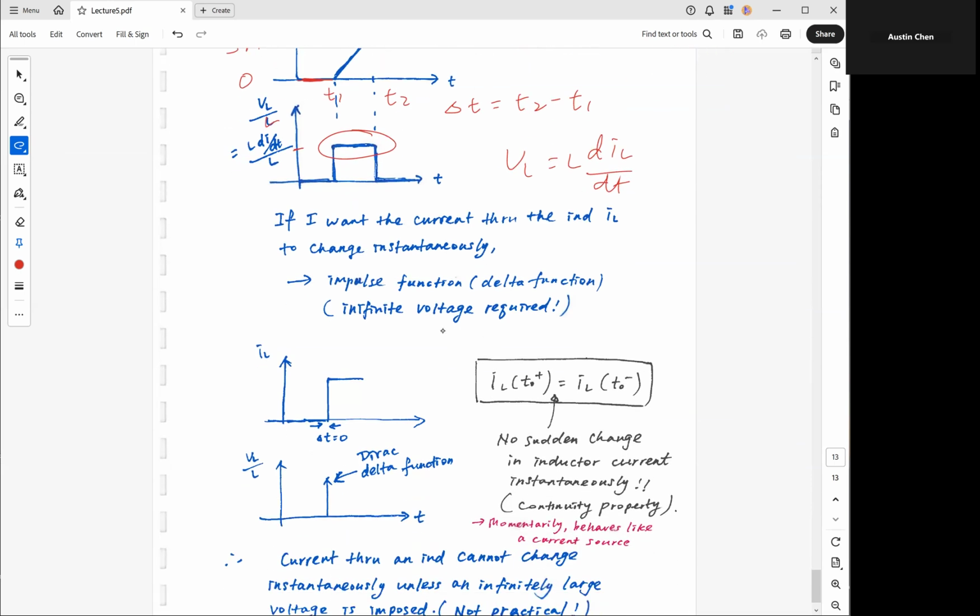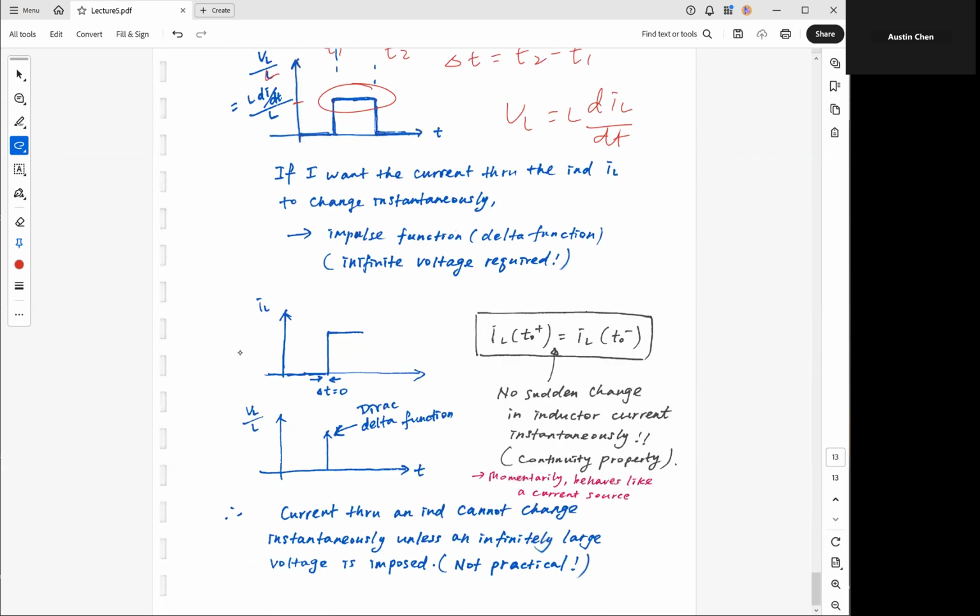Now, of course, the scenario is slightly different if I want to go from 0 to 5 amp in no time, where right now this delta t is equal to 0. I can't really wait for this inductor to be energized. I want this to happen suddenly or instantaneously, going from 0 to 5. Then unfortunately this is not possible, because you need to impose an infinitely large voltage to make this happen.